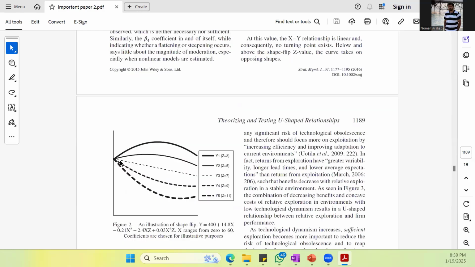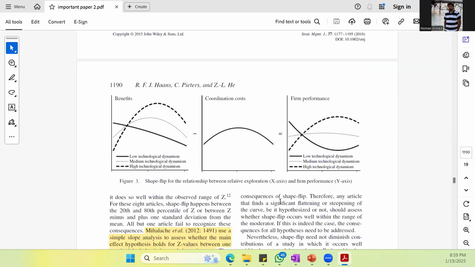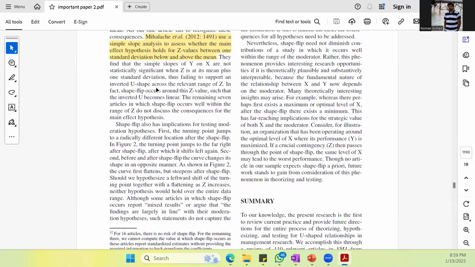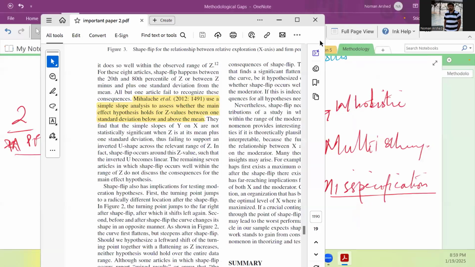It can flip from U shape to inverted U shape. Fourth is how to check for instrumental variables when you have a square variable. So you should study this article. It will help you to explain the part that I'm talking about here.